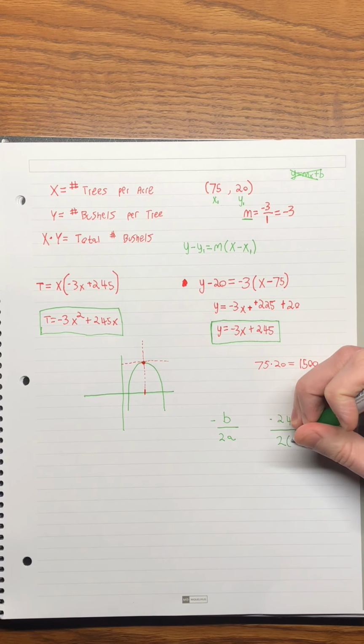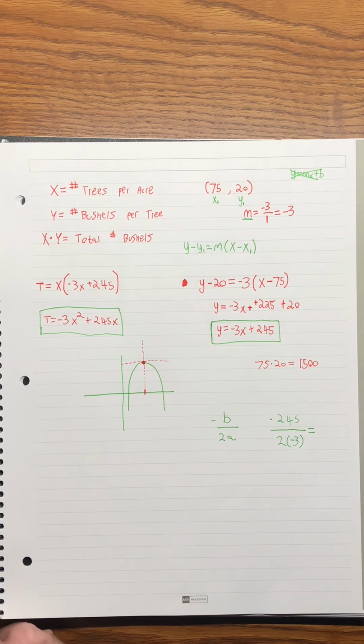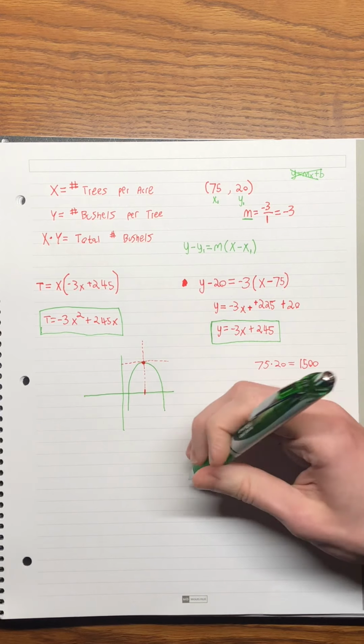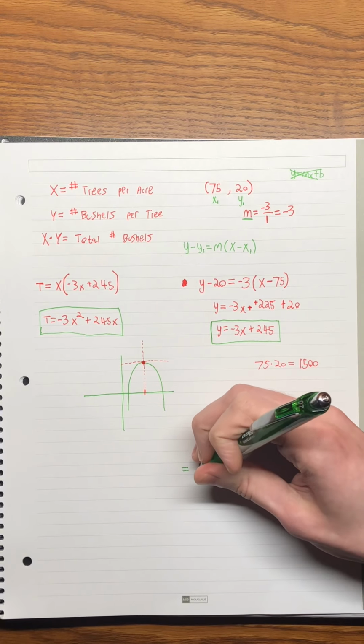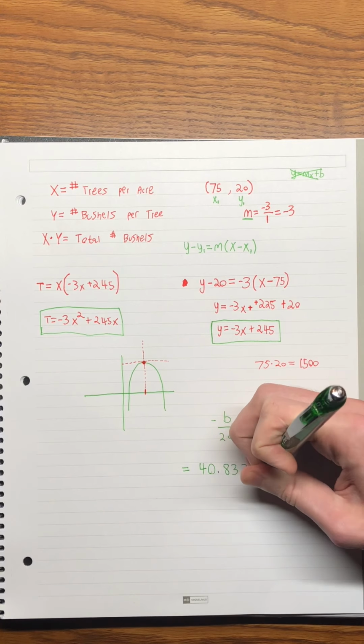A in this case is negative 3. I use my calculator for simple math like that. So we have negative 245 divided by negative 6. That's going to give us an answer of 40.8333.